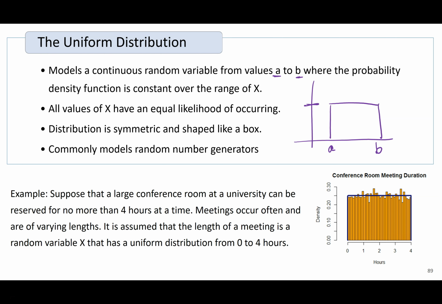It's shaped like a box or a rectangle. A lot of times people use this for random number generators, saying, I want you to pick a number between A and B, and randomly pick a number from there. So a lot of those times when we generate random numbers, this is one of the ways we do it.